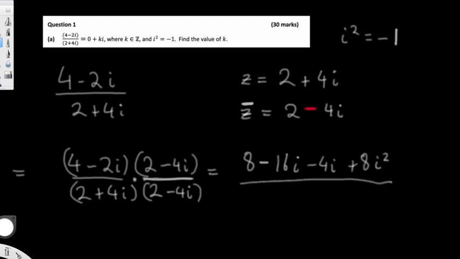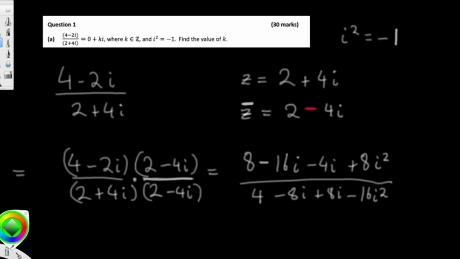And then the bottom line, we're going to have 2 by 2, 2 by minus 4i, 4i by 2, and 4i by minus 4i. So 2 by 2 will be 4, 2 by minus 4i will be equal to minus 8i, 4i by 2 will be plus 8i, and then 4i by minus 4i will be minus 16i squared.